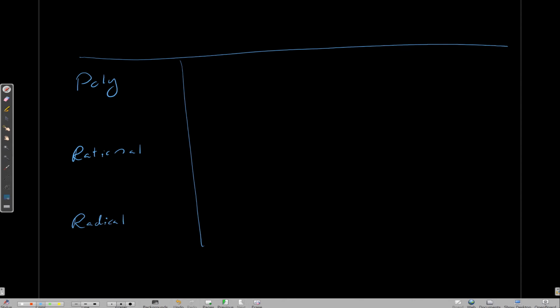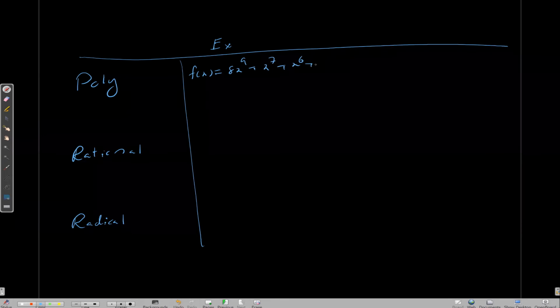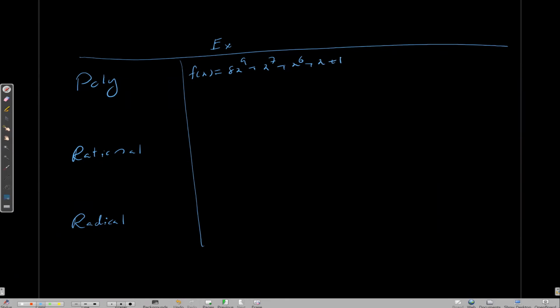Now, for example, polynomials are things like f of x equals 8x to the 9 plus, it can be any power. Let me just write down and stop there. And the domain of f is all real numbers for any polynomial. And rational functions are things where you have a denominator.